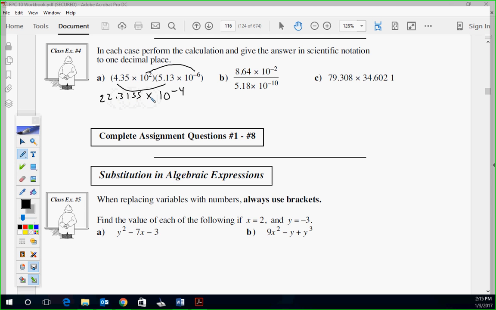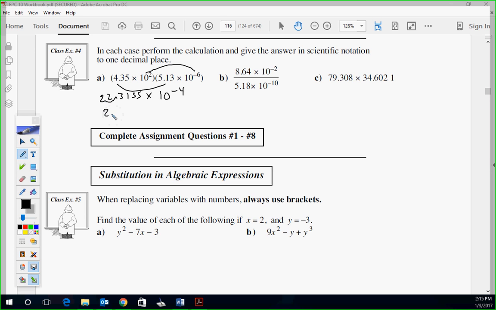22.3155. So why can't I write my answer like this? Right, it's not between 1 and 10. I need that decimal one spot where? So if I'm moving it one spot to the left, what do I do to this? Do I minus 1 or plus 1? I plus 1, right? Opposite. Because I'm making it smaller, therefore I have to make this bigger to level it out.